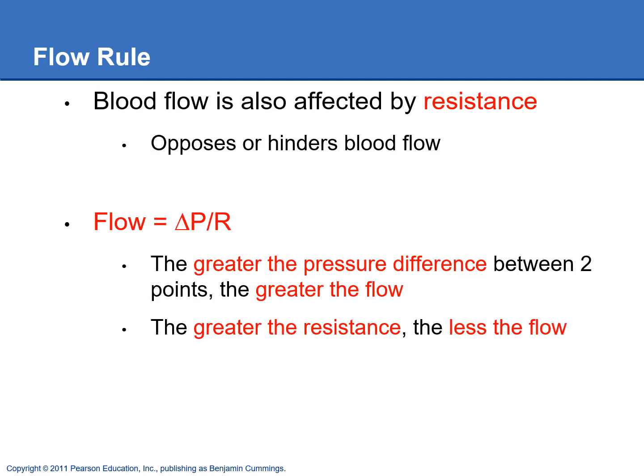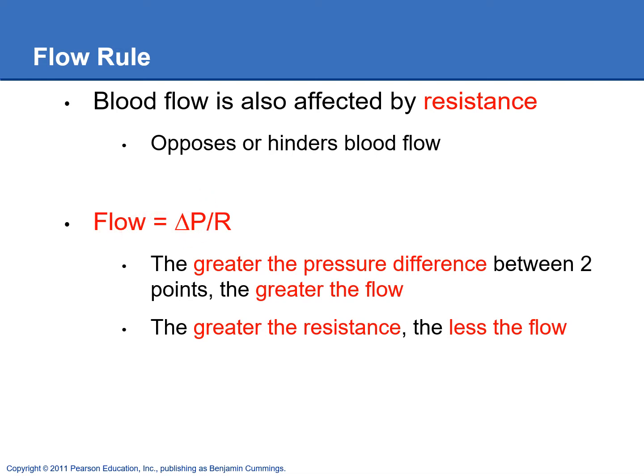The flow rule is really important, so you need to make sure that you have this memorized. All it's saying is that the blood flow is equal to the pressure gradient difference divided by the resistance to flow. So if we take a look at the pressure gradient difference, the greater the pressure difference, the higher the blood flow.